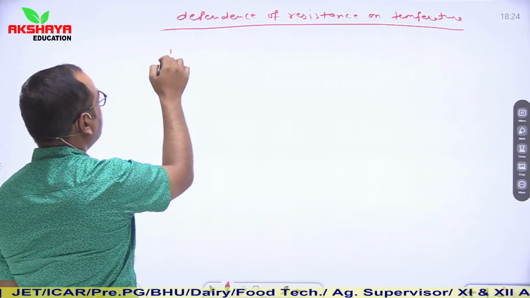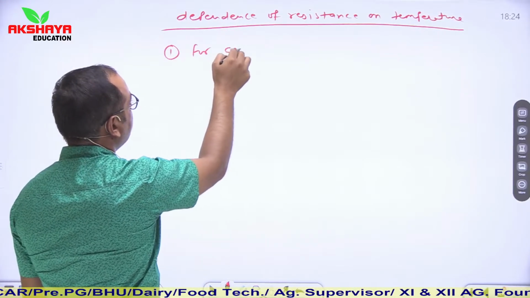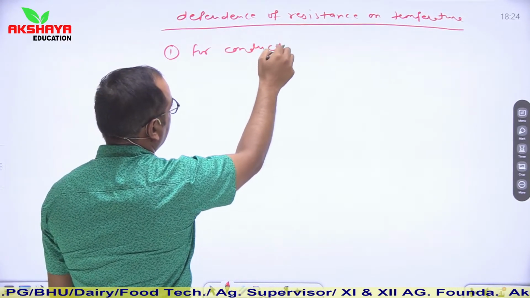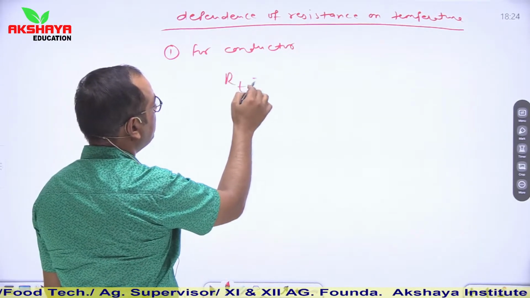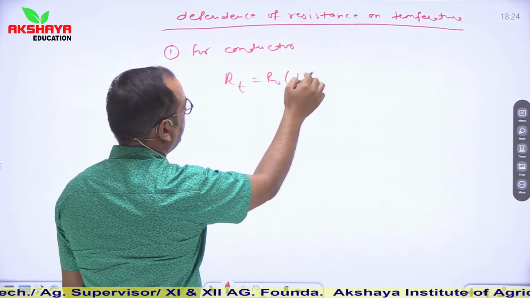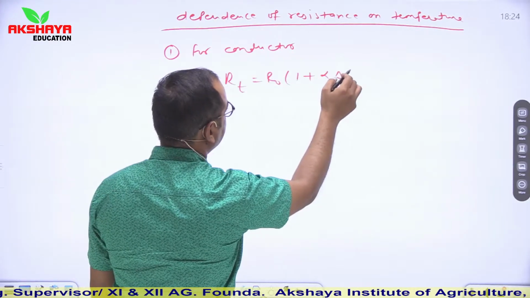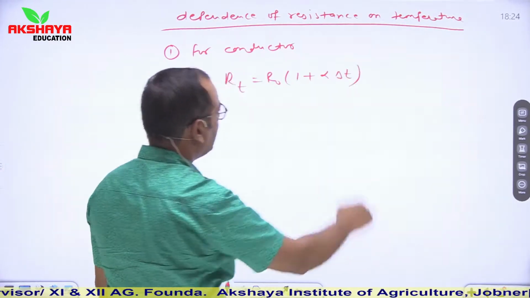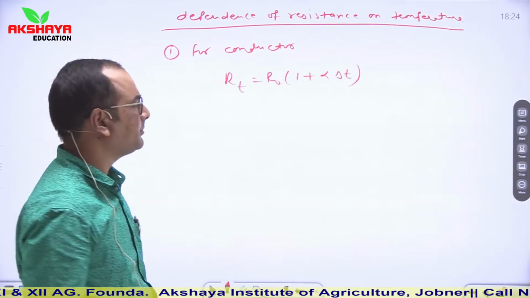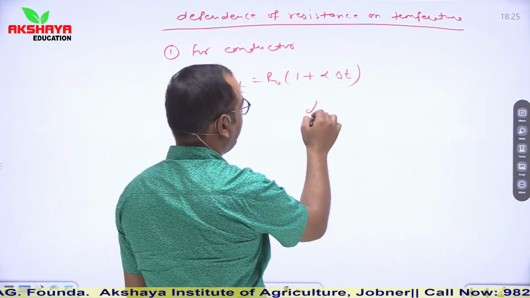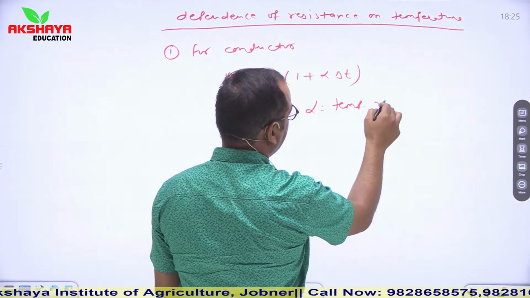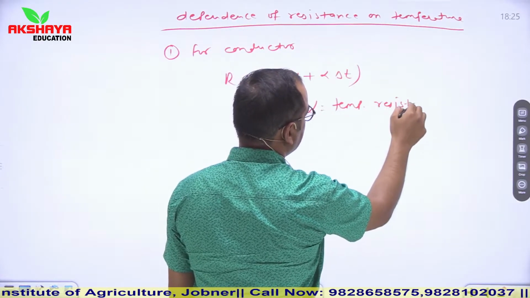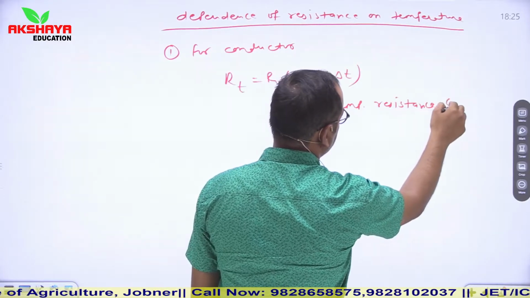If we talk about conductors, then for conductors this relation is R_T is equal to R naught into 1 plus alpha del T. Here this alpha is the temperature resistance coefficient.